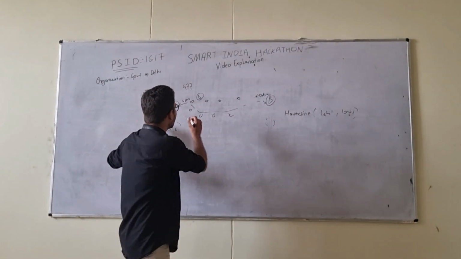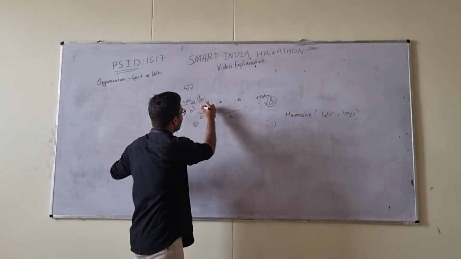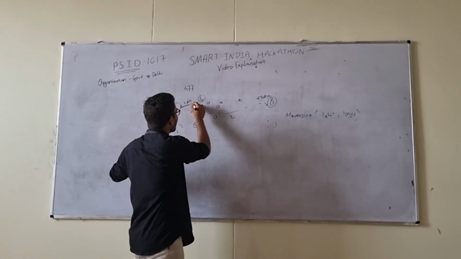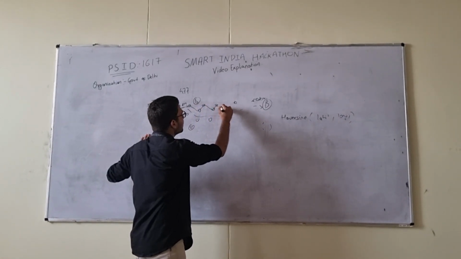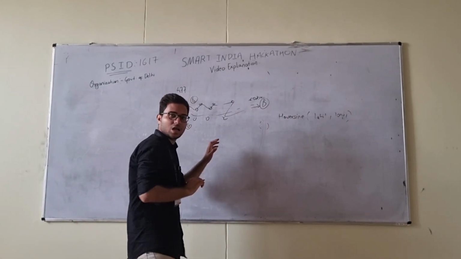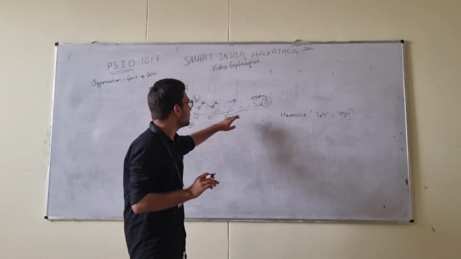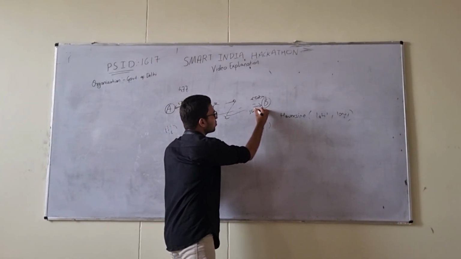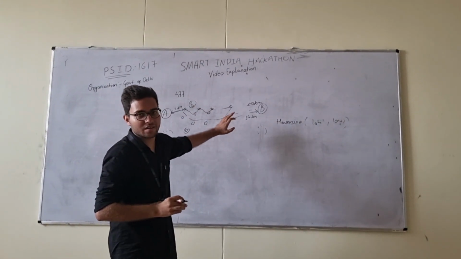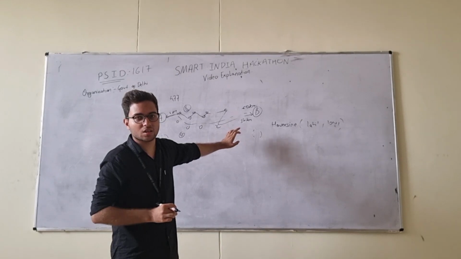So if there is one more node and 2 more nodes here, I go here and then here. I have covered the 8 destinations, and the sum till here comes out to be 56 kilometers. So it is more optimal and it got rerouted.